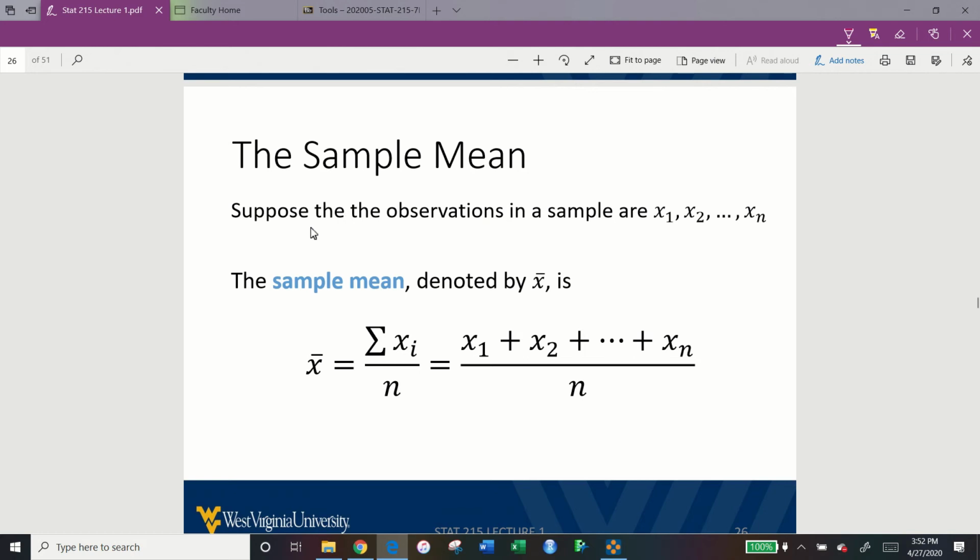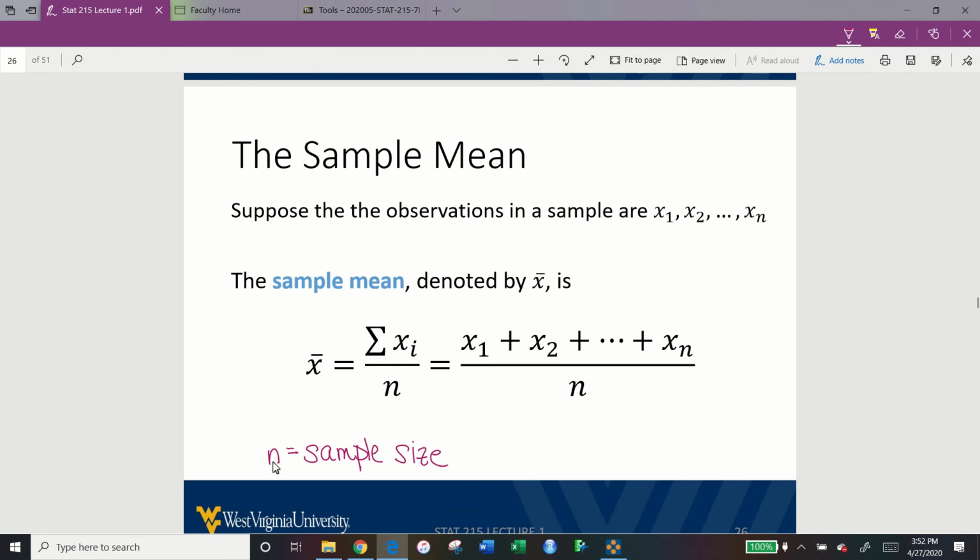When we're dealing with statistics, n represents the sample size. At this point in the class, you may consider getting a piece of computer paper or notebook paper and writing down what all of these symbols mean, particularly if you're not familiar with them.